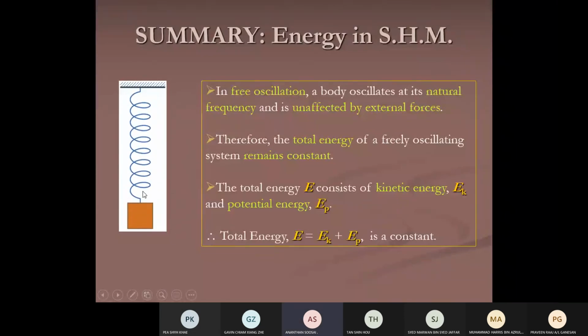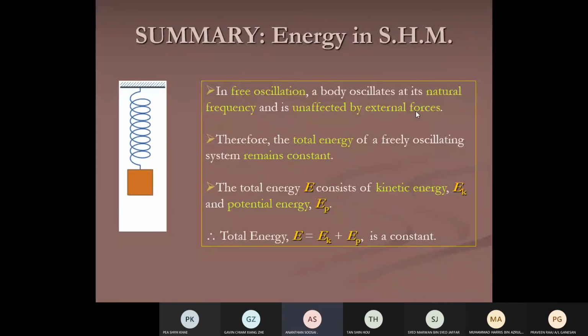If you hang a spring, pull it down and let it go, it oscillates. It's called free oscillation. Free oscillation means it oscillates without any external force. A free oscillation body oscillates at its natural frequency and is unaffected by external force. No other external force is given.